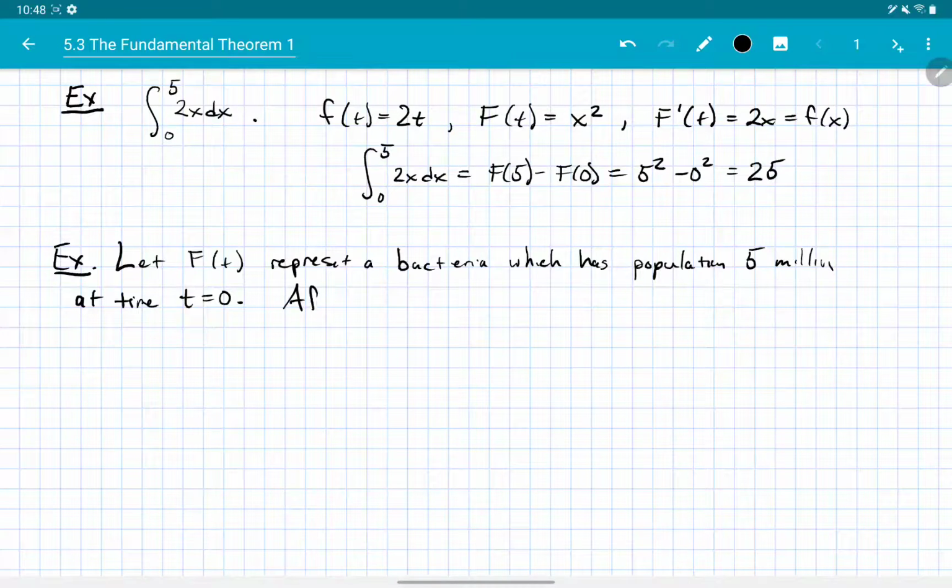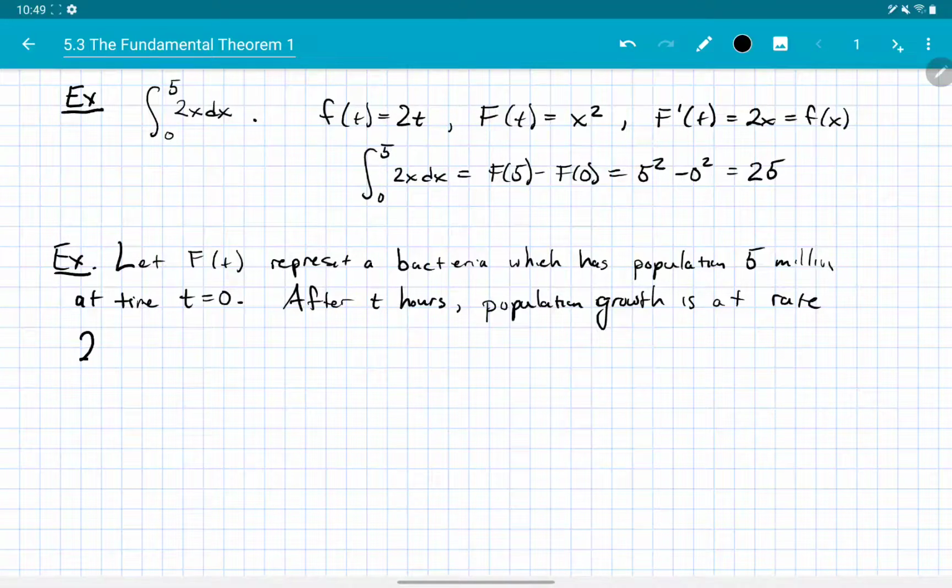After t hours, the population growth is at rate 2 to the t million bacteria per hour.